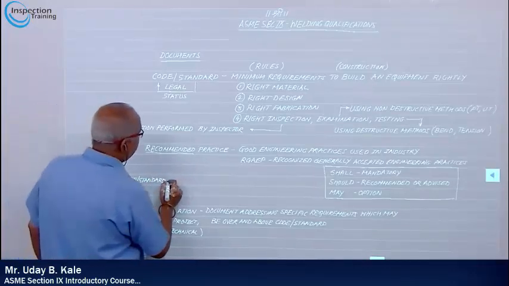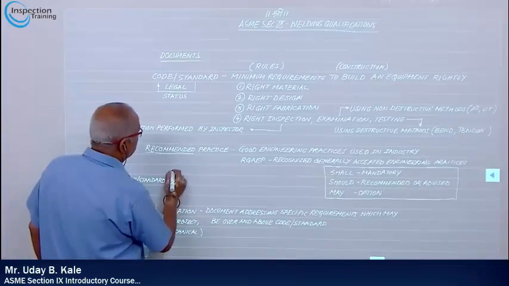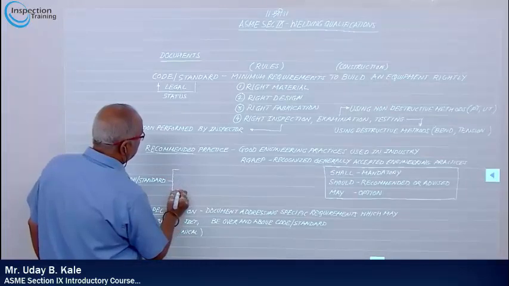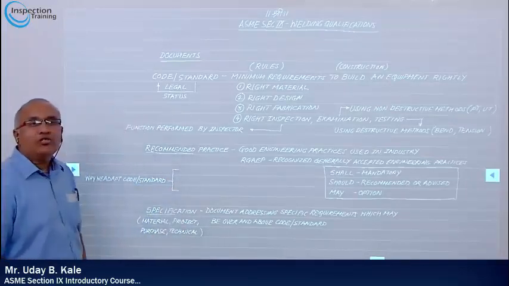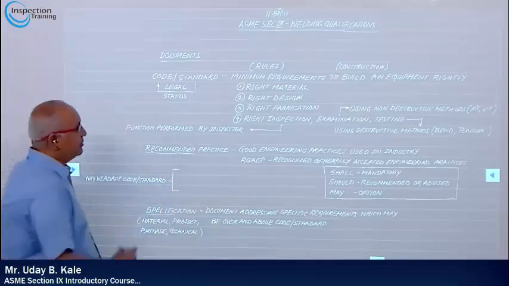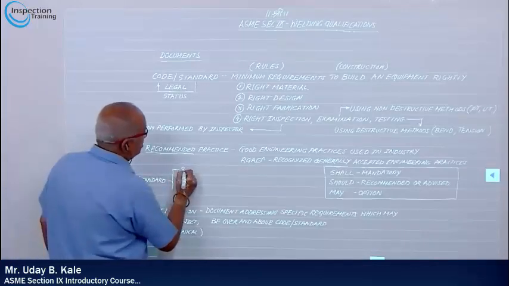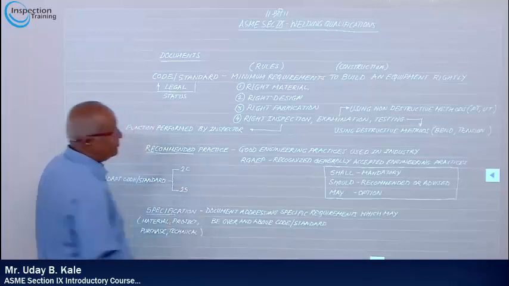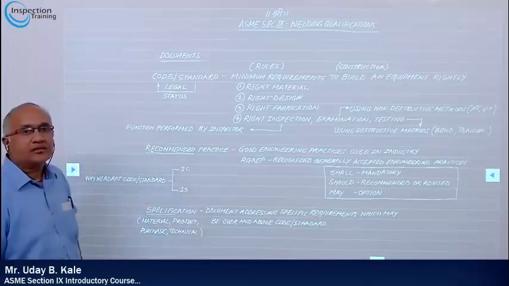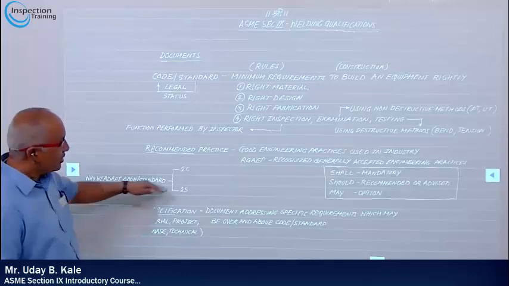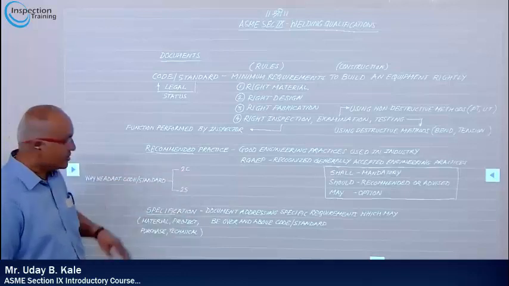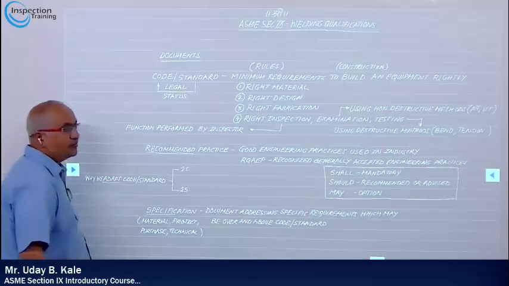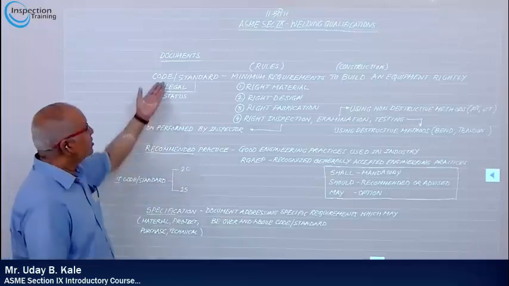Remember that there are two C's and two S's. So I'll always tell you that there are 2 C's and 2 S's. Why do we use this code or standard?